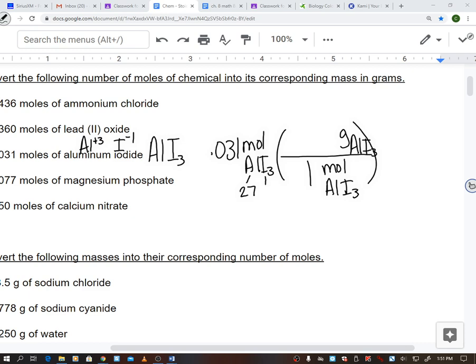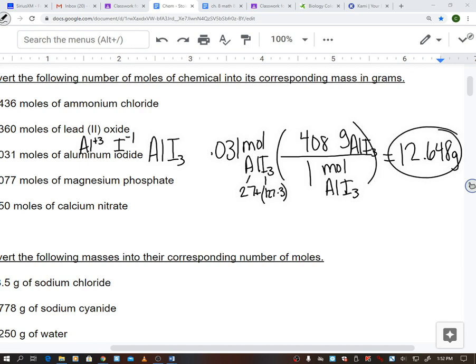Iodine weighs 127, but there are 3 of them, so I've got to multiply that by 3. So I'm going to take 27 plus that 127 times 3. That all together is 408 grams. So 0.031 times 408 is 12.648 grams.